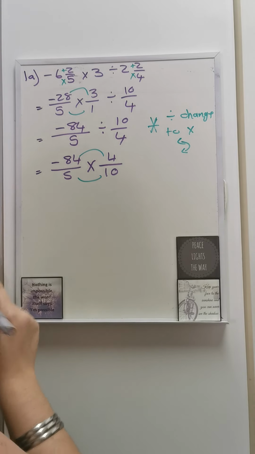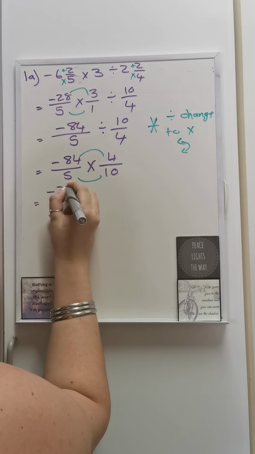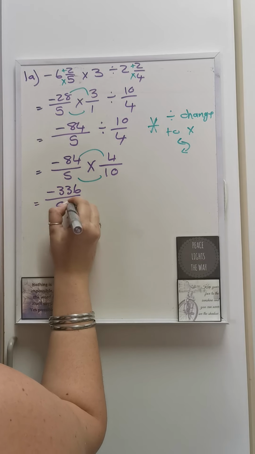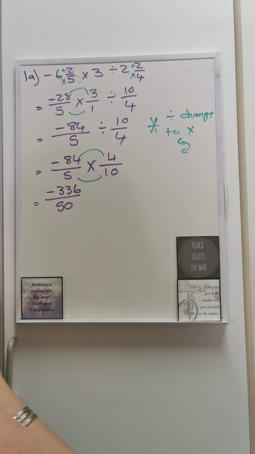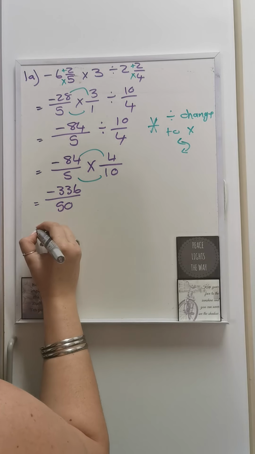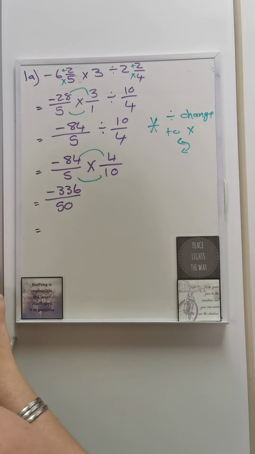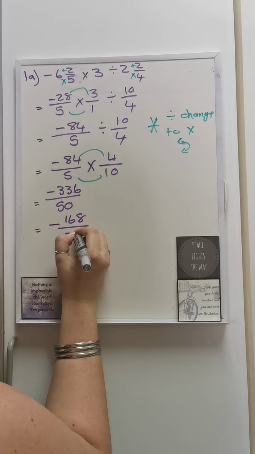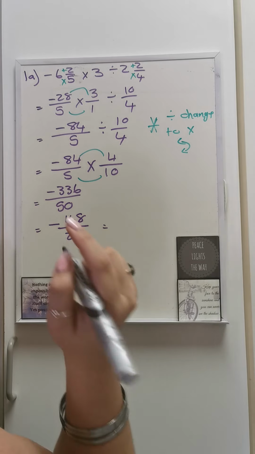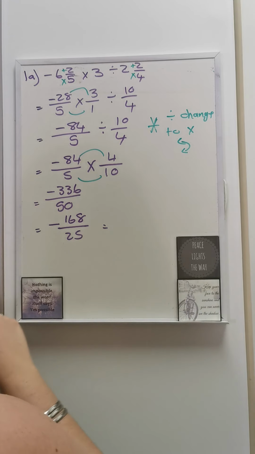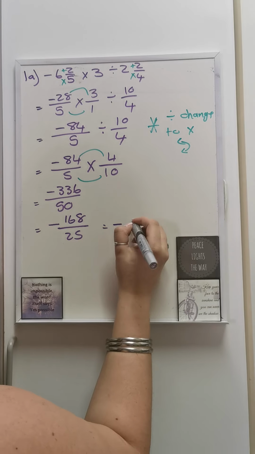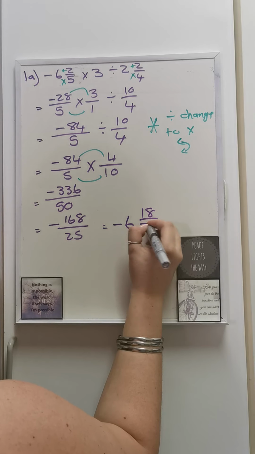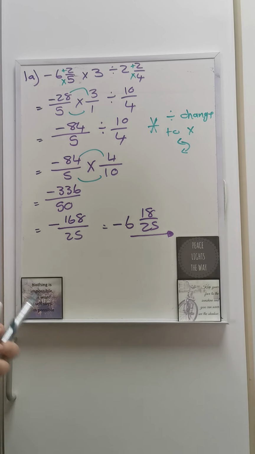Negative 84 times 4 gives me negative 336 over 50. And if I put that in on my calculator, yours will give you negative 168 over 25. And if you press Shift and the SD button, it will give you negative 6 and 18 over 25. Okay, so there's number 1, A.